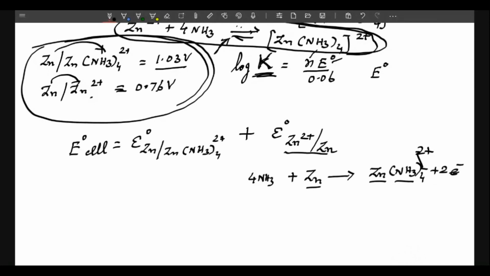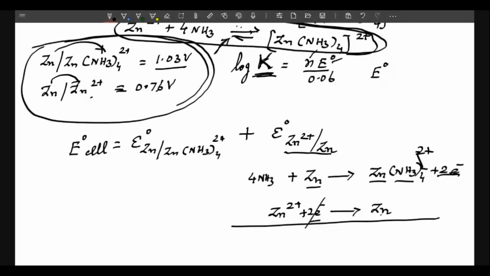Now write down the cathode reaction: Zn 2+ on the reactant side, and on the product side zinc is present. Balance the species Zn, then balance the charge, you should add 2 electrons. And the sum of this one: here 2 electrons are released, 2 electrons are consumed, therefore no necessity of multiplying any of the equations. This and this cancel, the zinc and zinc cancel.